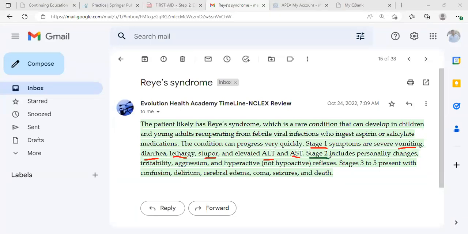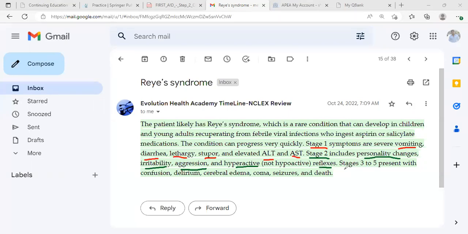In stage 2, the patient has personality change, irritability, aggression, hypertension, hyperactivity, and also hyperactive reflexes. Reye syndrome we are talking about.